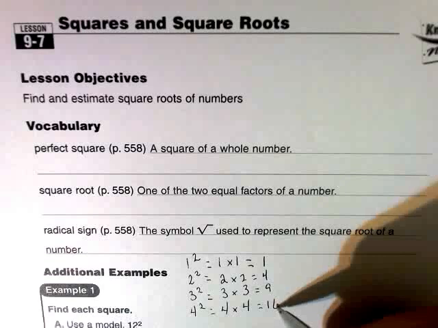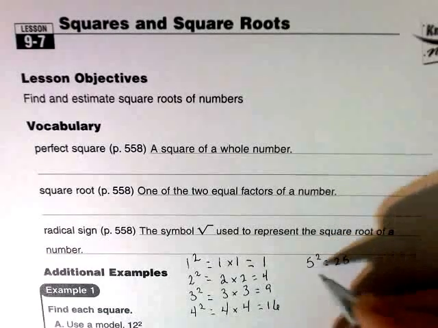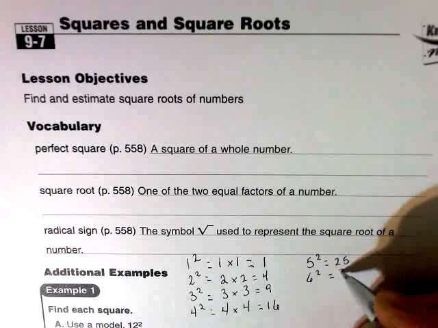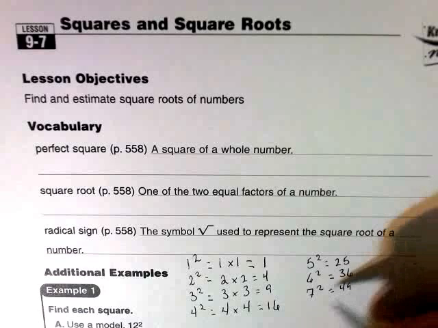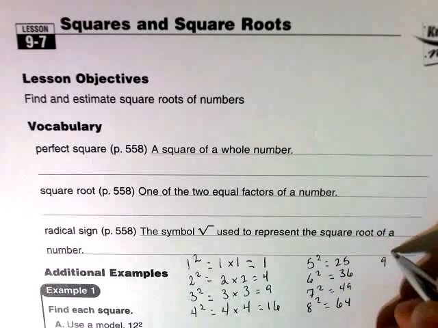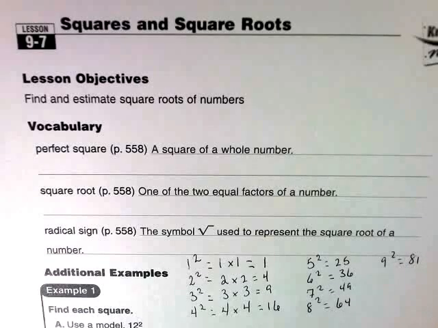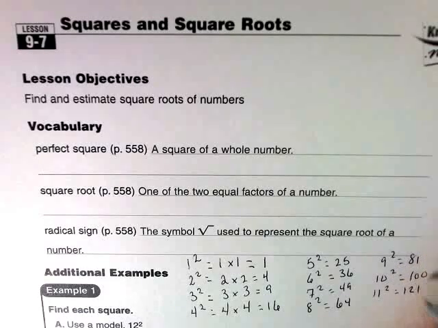And I can keep going down the list if I want to, but 5 squared is going to give me 25, and 6 squared is going to give me 36, and 7 squared is going to give me 49, and 8 squared is going to give me 64, and 9 squared is going to give me 81, and 10 squared is going to give me 100, and 11 squared is going to give me 121, and 12 squared is going to give me 144.